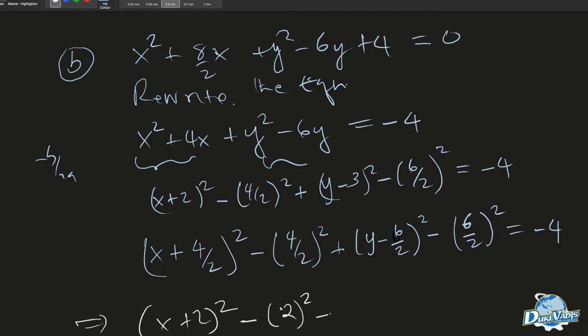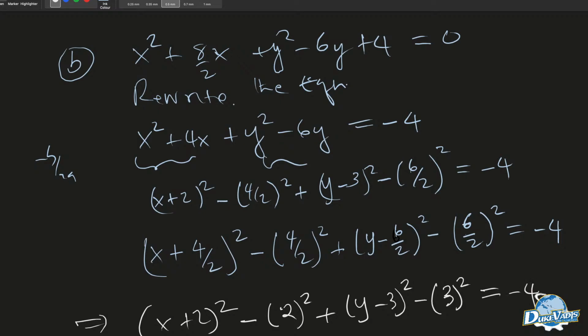This is y minus 6 over 2, so this will give minus 3 squared. And you for sure know this is positive 3 squared if you're subtracting, equal to minus 4.